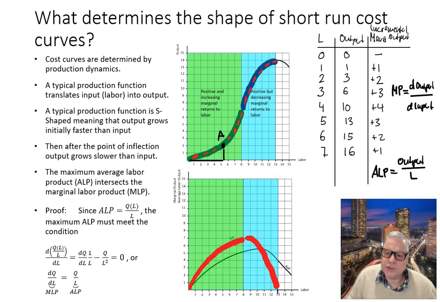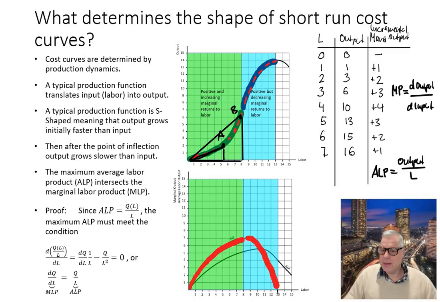If we take a look at the slope of this triangle, we can see that this slope must be the average labor product. Let's take this point here, point B. At point B, total output is this distance here, and total input is now much longer. If I take a look again at the rise of this triangle, you can see that the slope is becoming steeper. So the average labor product has gone up.